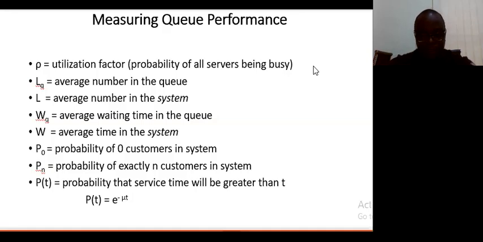Pn is the probability of exactly n customers in the system. Then finally, Pt is the probability that the service time will be greater than time t, denoted by Pt, which is equal to the exponential of the negative of the service rate multiplied by t.